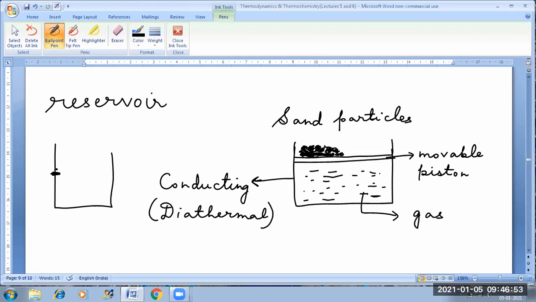If I just remove one sand particle, it will come up maybe by this distance. Again, if I remove one more sand particle, it will come up and lie at this point. In this way, slowly and gradually, I'm indicating the positions of the piston like this. So very slowly and gradually, the piston will move up.